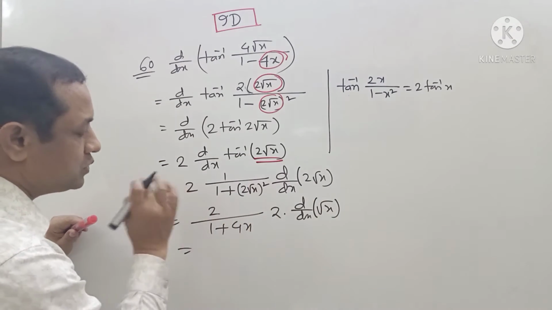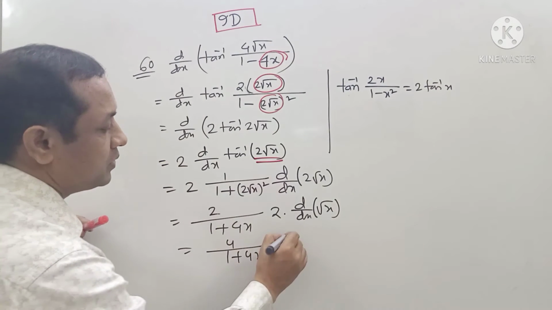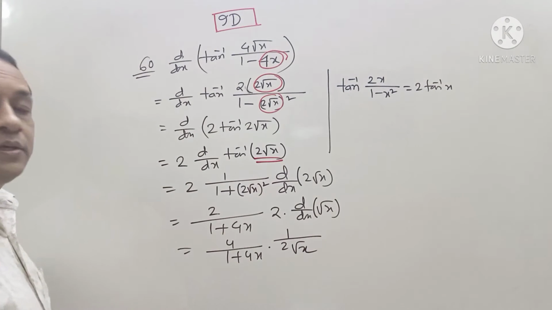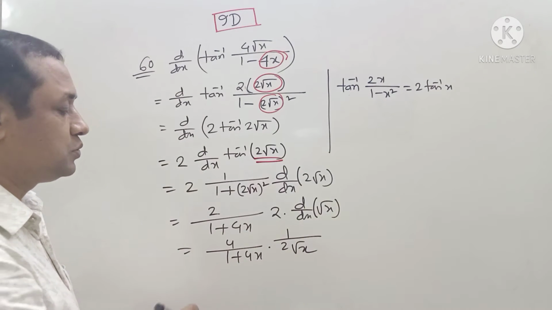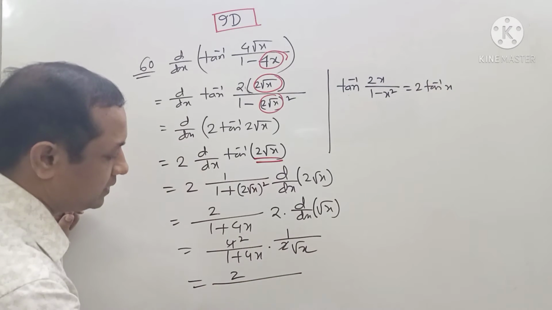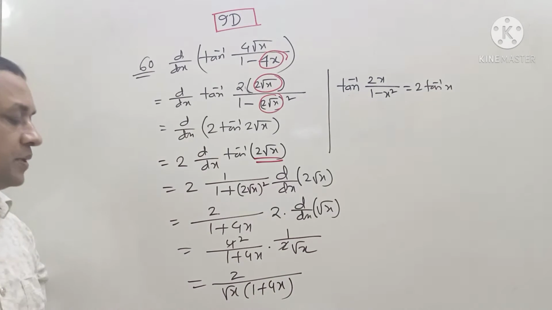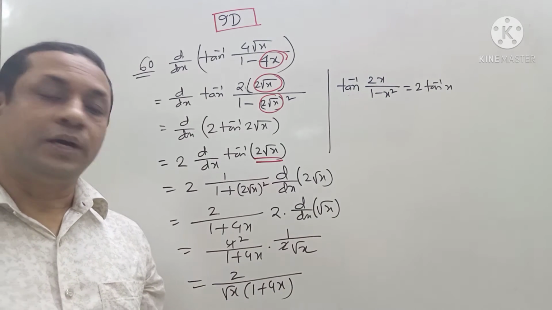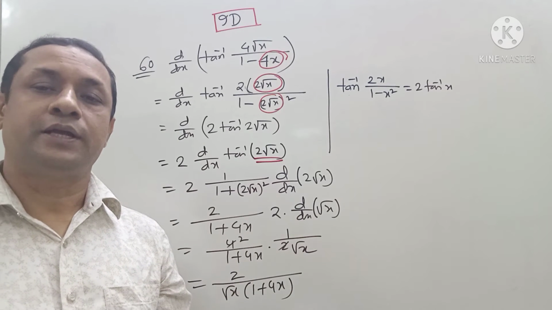So 2 into 2 equals 4 by 1 plus 4x into 1 by 2 root x, since d/dx of root x equals 1 by 2 root x. The 2 and 4 cancel, so the result will be 2 by root x into 1 plus 4x.